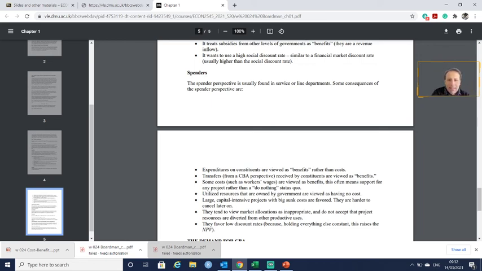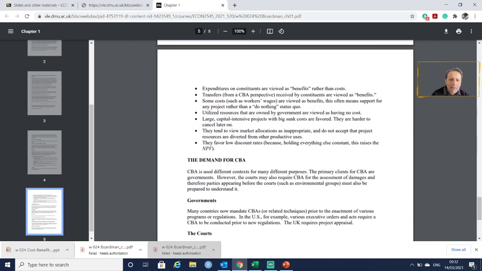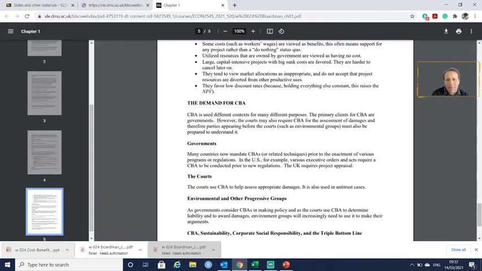They just assess the institution that is performing the cost benefit analysis, whereas the spenders look at all stakeholders and how the impacts are costs or benefits depending on whether they impact all of them, rather than just one, as in the guardian perspective.